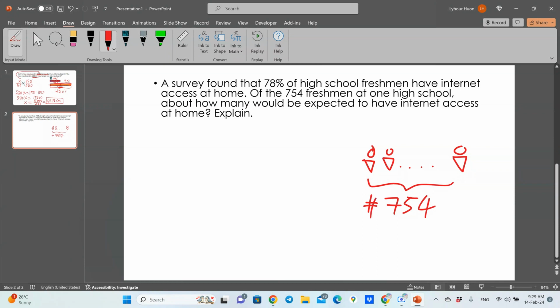The number of students is 754 freshmen. But out of them, only 78% have internet access at home. So they want to ask how many students have internet access at home.